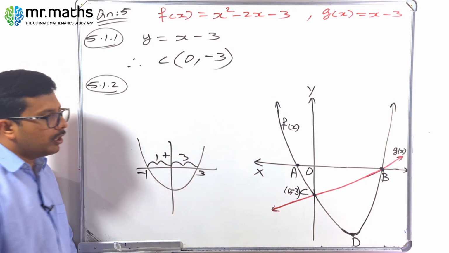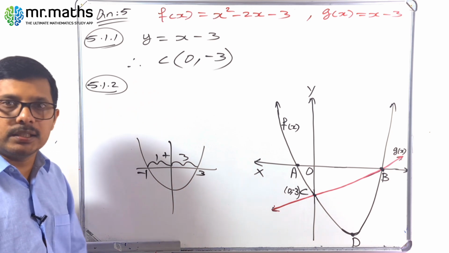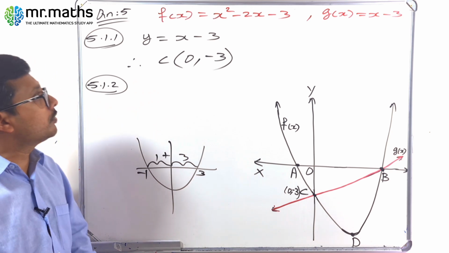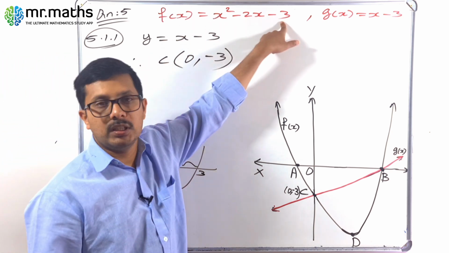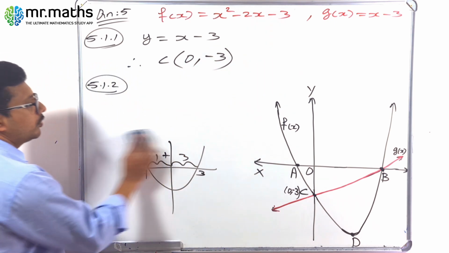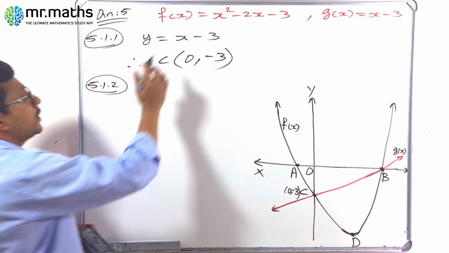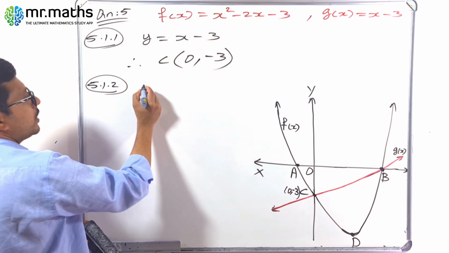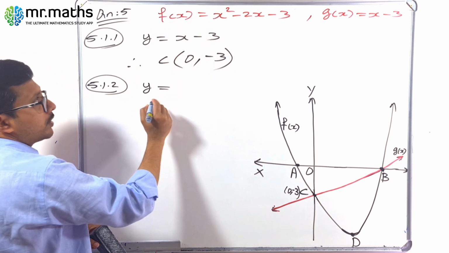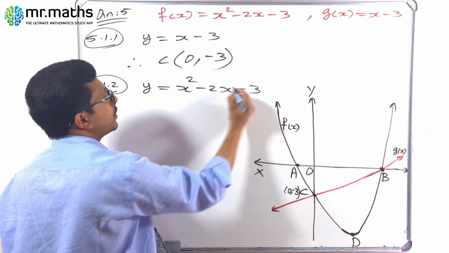Okay, so what are points A and B? Those are the x-intercepts. x-intercepts of which one? The x-intercepts of this f of x graph. So first we can write the equation of that f of x. f of x is the same as y is equal to x squared minus 2x minus 3.